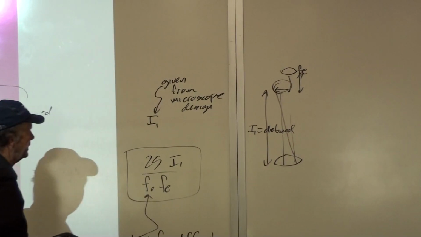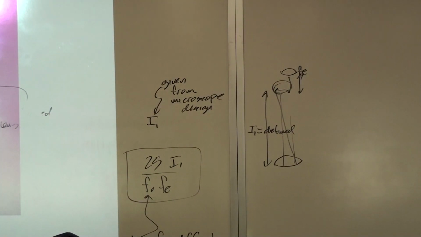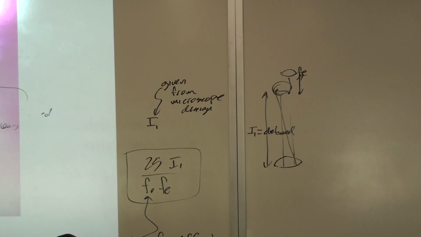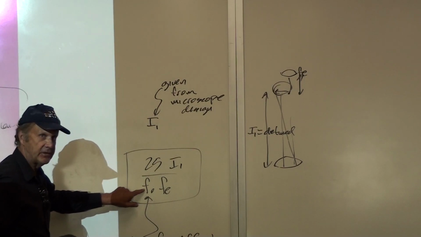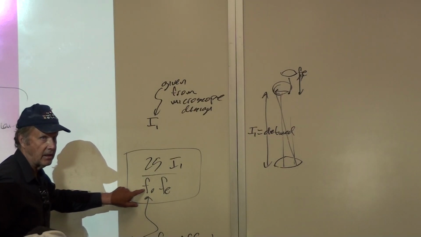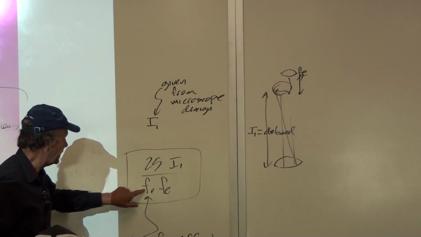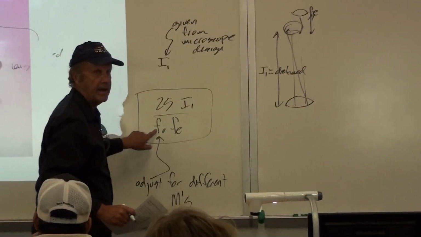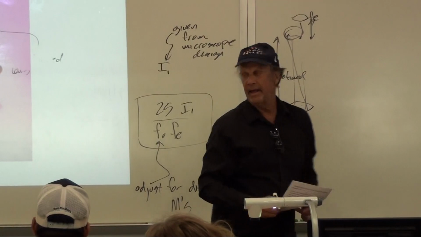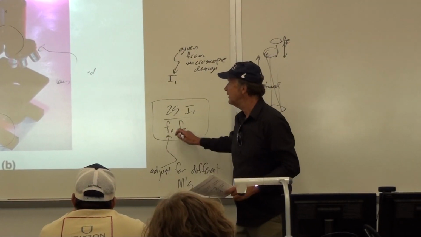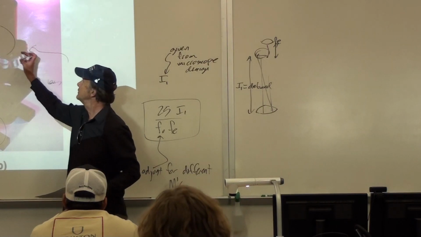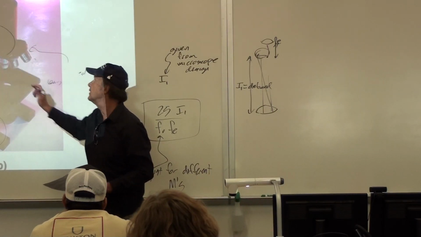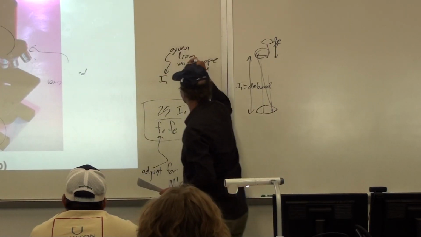So you might be looking at a little hair follicle, or then you might want to increase your magnification and be looking at a cell, maybe a bacteria or a eukaryote cell or something like that. And so then you'd want this focal length of the objective lens to be smaller, to be more curved. So you flip to one of these. But then you keep the eyepiece lens the same.